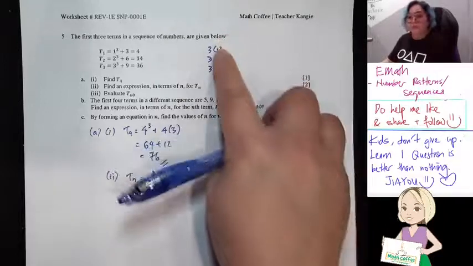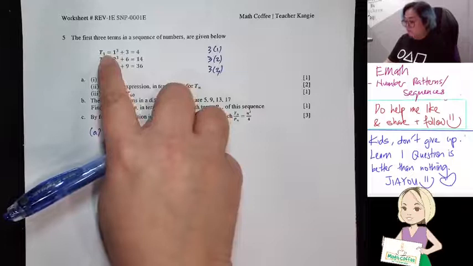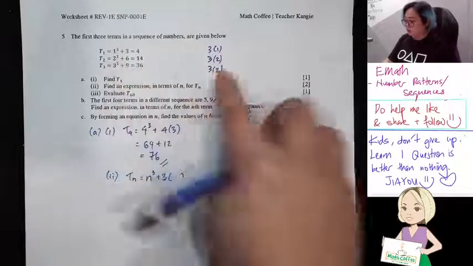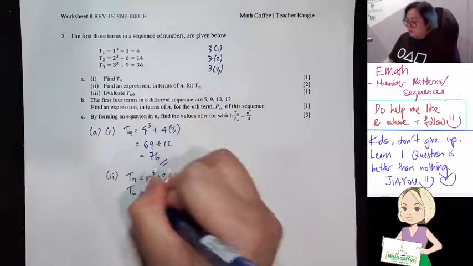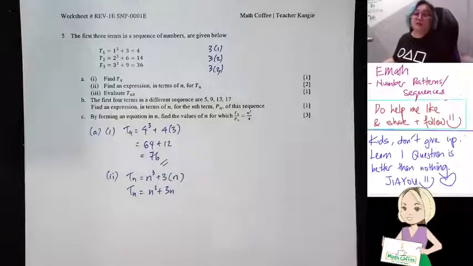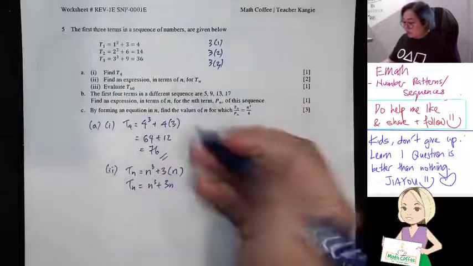When it is term 1, this is 1. Term 2, this is 2. Term 3, this is 3. So that means inside here is n. So therefore, this formula is n cubed plus 3n. So this is not like the first 4 questions like I mentioned. So with this one you break the pattern into 2 columns and then you just do them separately. Okay, so we're done with part 2.